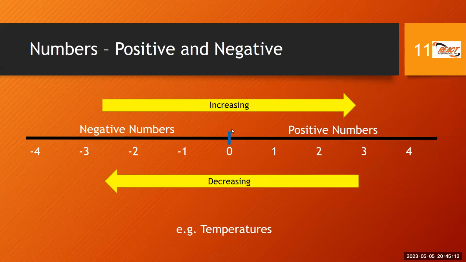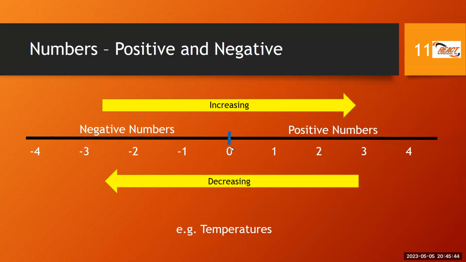When it comes to numbers, this is a number line on your screen, and 0 is the middle. We move in the upward, positive, or increasing direction. After 0, the next whole number is 1, then 2, 3, 4, and so on. So that's numbers in a positive direction.